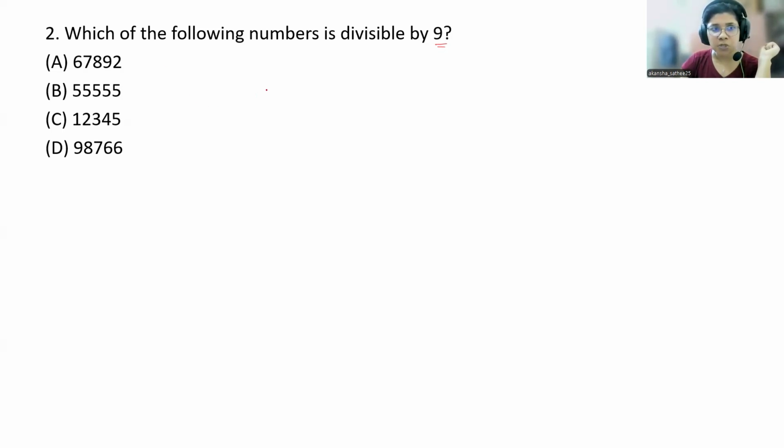So start with the first one. 6 plus 7 plus 8 plus 9 plus 2. 6 plus 7 is 13, plus 8 is 21, plus 11 is 32. Is 32 divisible by 9? No, not divisible by 9. So this cannot be a correct option.